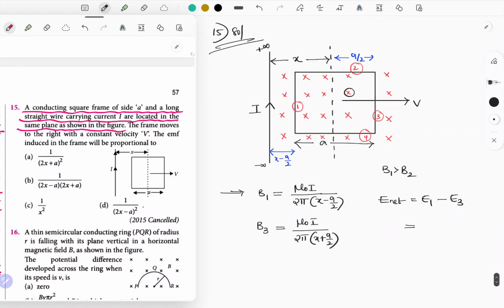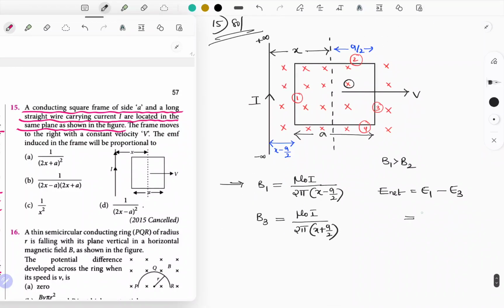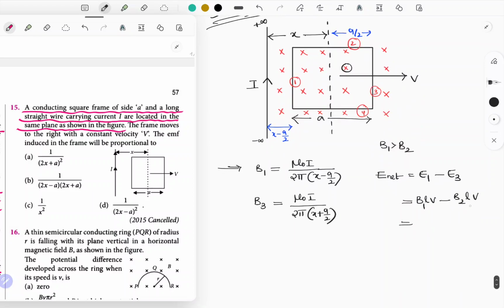All of these three things are perpendicular to each other. Then the formula for EMF is simply B1LV minus B3LV, where L is A here, that is the side of the square, and V is V itself. So let me bring those two things out. It's going to be A into V, B1 minus B3.